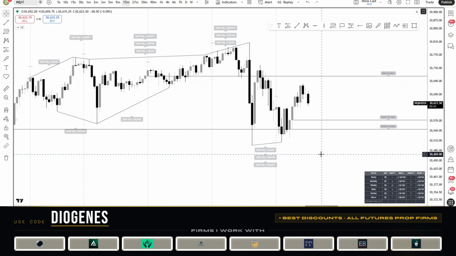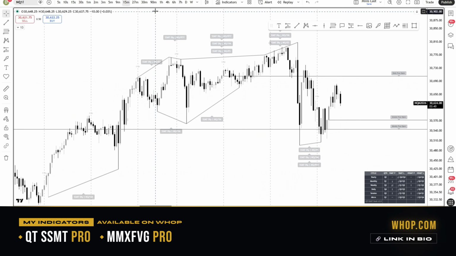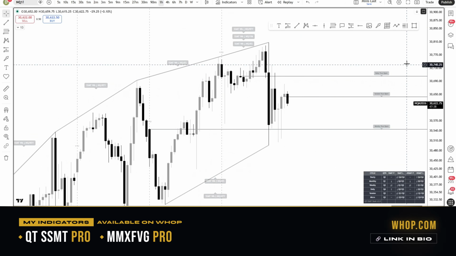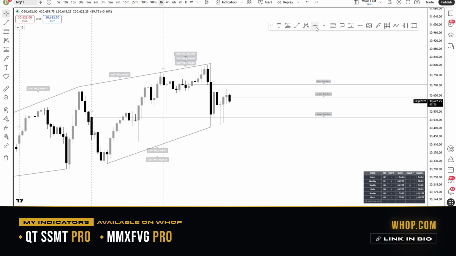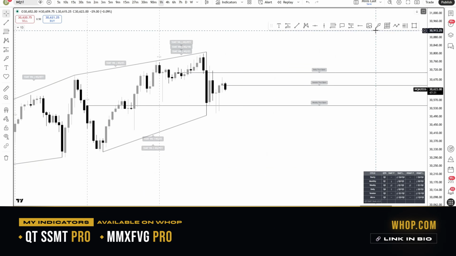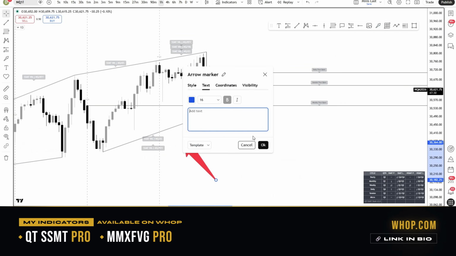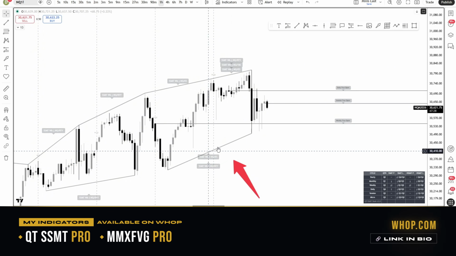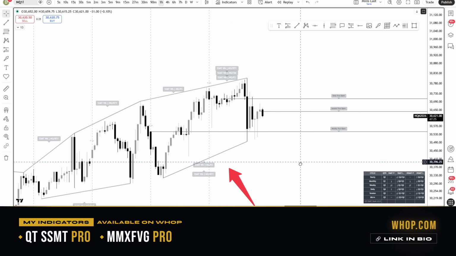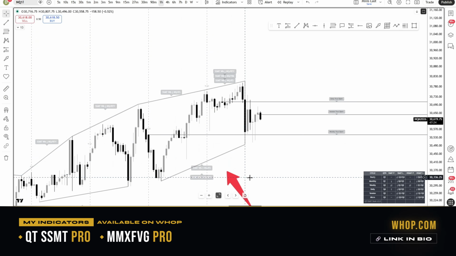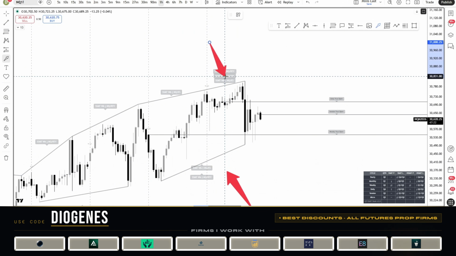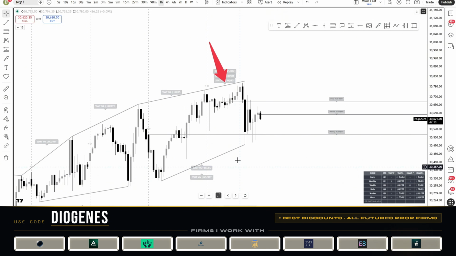But there was a problem that happened at 9:45, which is ES took Monday low, but NQ didn't, making it a weekly sequential SMT against another weekly sequential SMT.